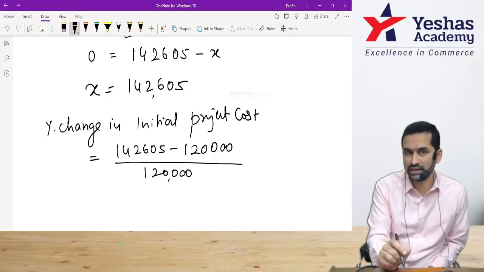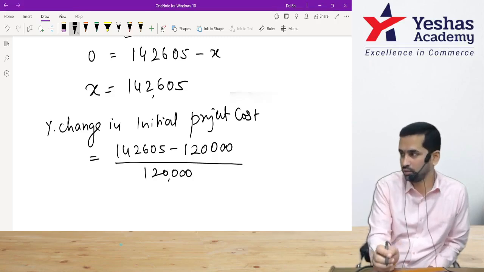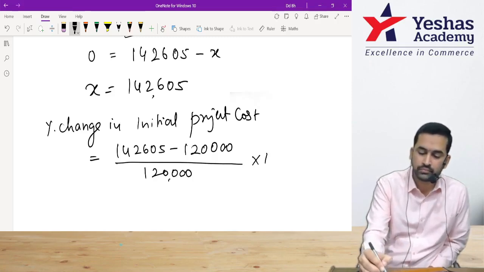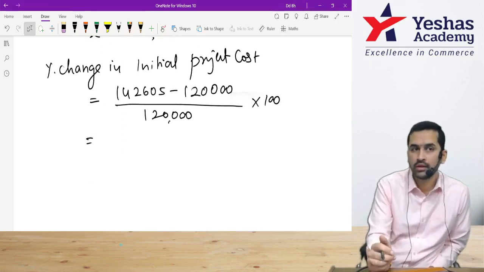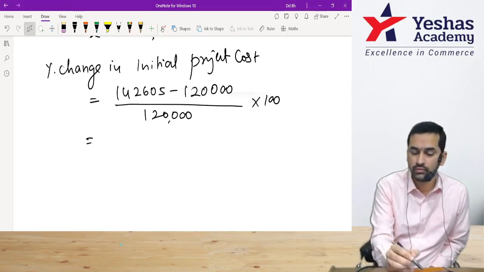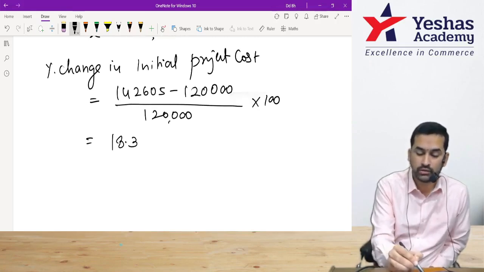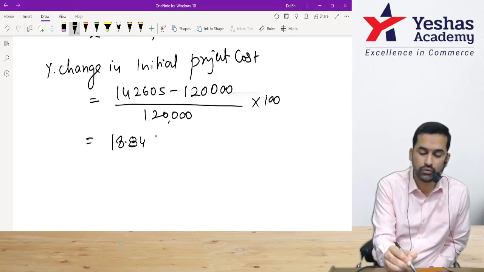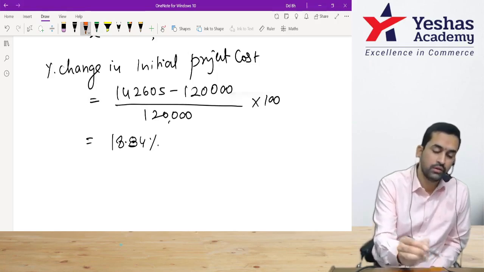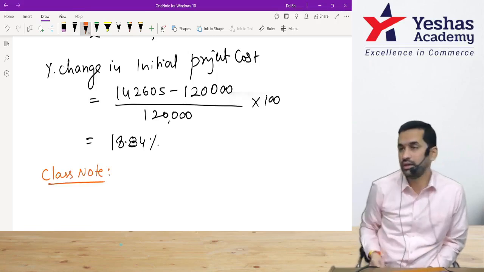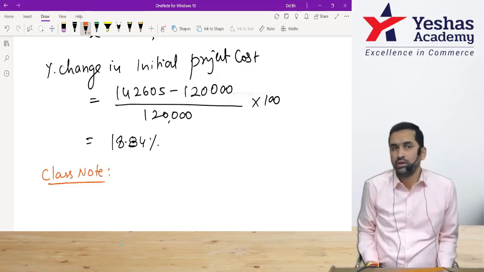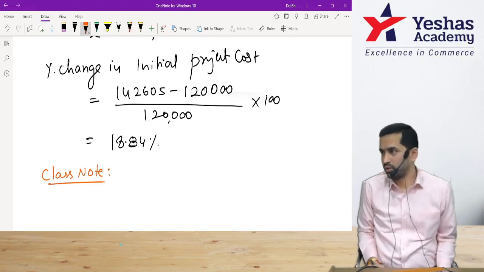Remember, your base data is 120, not 142. 18.84%. For your reference, if you want to write down a class note, I leave it to you. If you want, only you write.